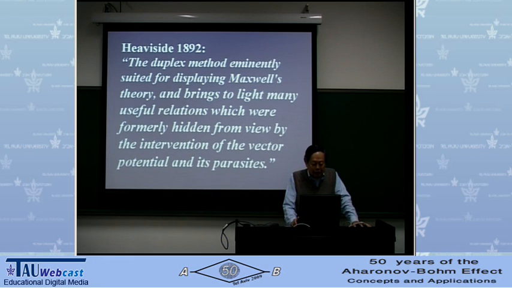Of course, we all know that indeed it is true. After we eliminate the vector potential, the equations look more symmetrical with respect to a dual transformation exchanging E and H. And that evidently was one of the reasons that greatly delighted Heaviside.